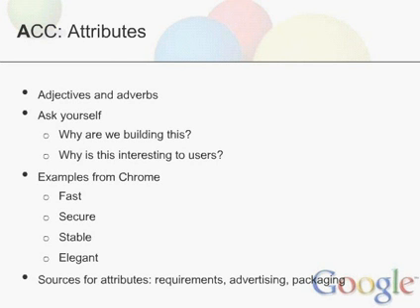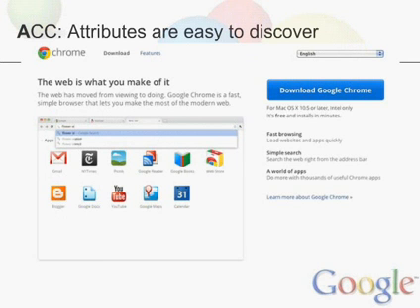So the attributes are the first thing. These are the adjectives and adverbs that describe your product. So examples from Chrome are: Chrome is fast, it's secure, it's stable, it's elegant, and so on. If you hear a salesperson or a product manager describe your product, write down every adverb and adjective that comes out of their mouth and you pretty much have these. They're easy to discover. Most of the time the adjectives and adverbs are on project pages.